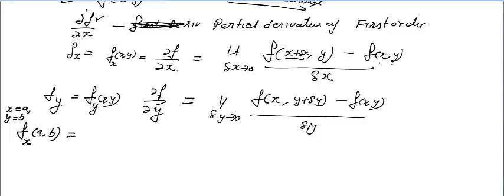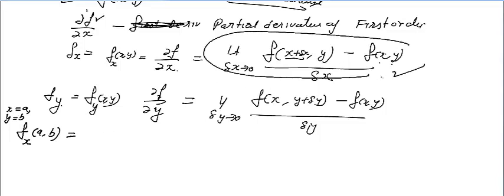This is very simple, just the same definition. You will solve this, and limit delta x approaches 0. Only in place of x you write a plus delta x, y is b, nothing else.